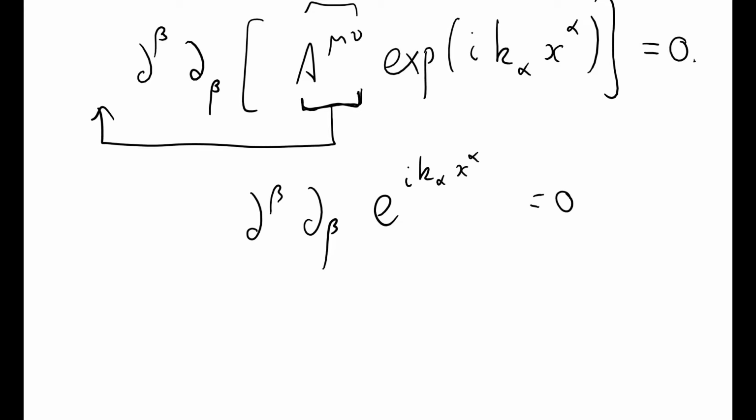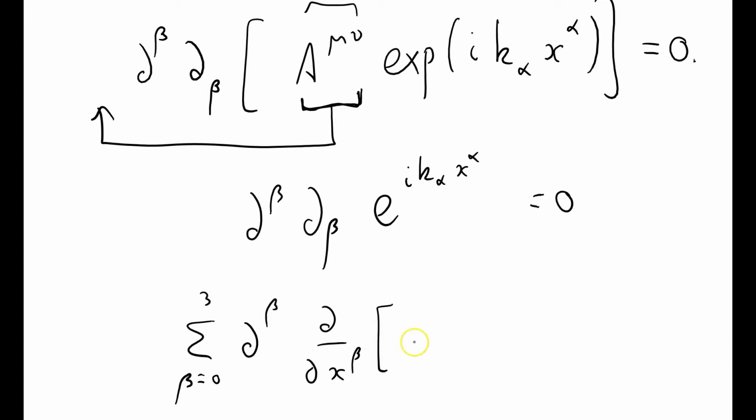Let me write it out now as ∂ by ∂x^β, with the summation convention, of exp of i, and then that's going to be k0 x0.